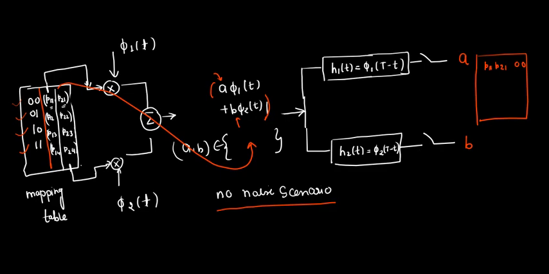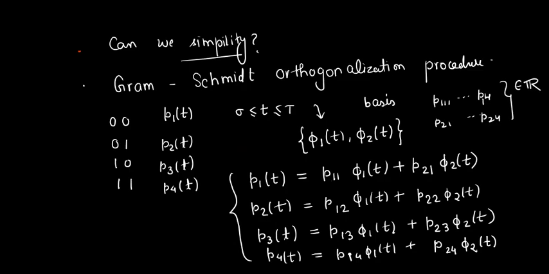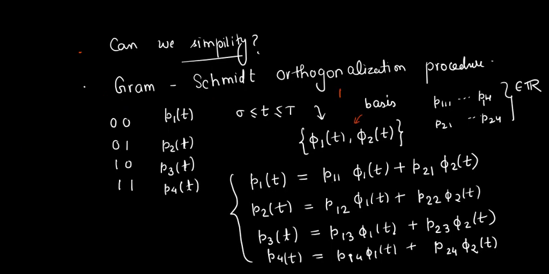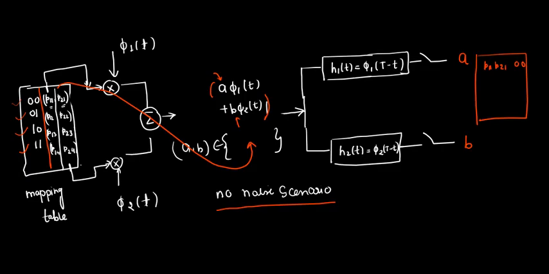So, now we have to see how this works, right? Before that, I told you that there exists a basis. We have assumed it, right? That our P1t, P2t, P3t, P4t can be represented using 2 bases. But what is the property of this?